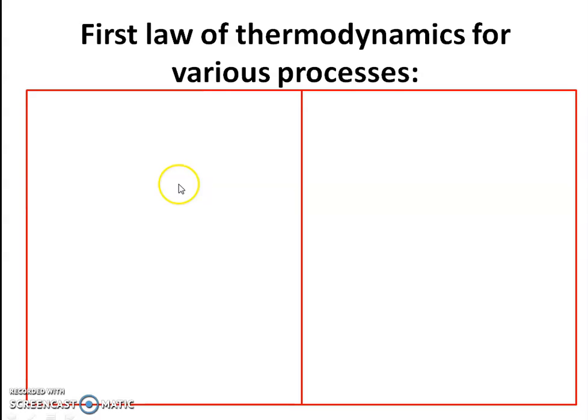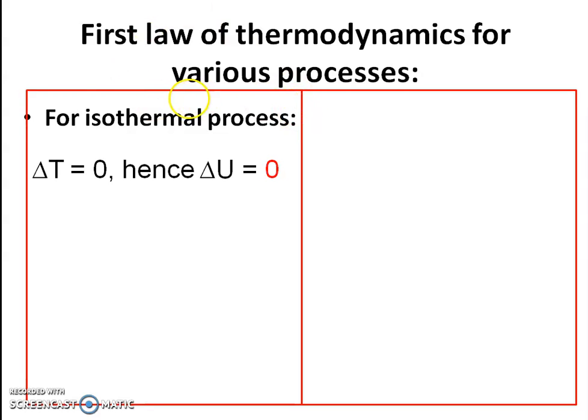Now the next point is the first law of thermodynamics for various processes. First of all, consider the isothermal process. For an isothermal process, temperature remains constant, that is delta T is equal to 0, and internal energy depends upon temperature. As long as temperature remains constant, the internal energy of the system also remains constant.